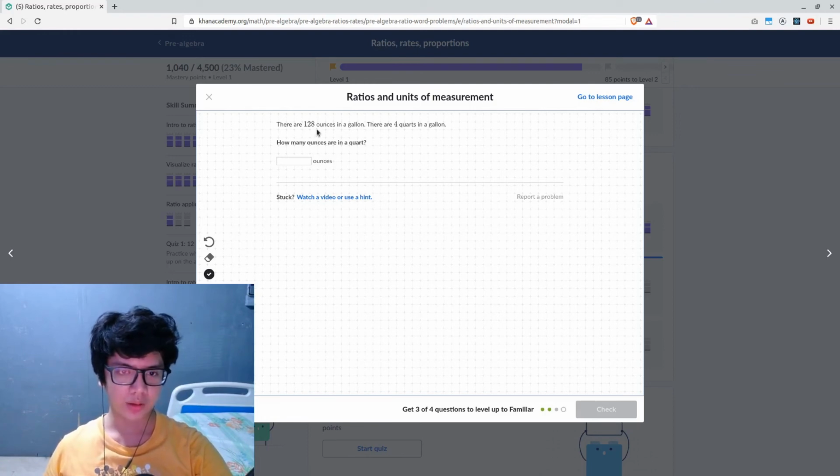There are 128 ounces in a gallon. There are 4 quarts in a gallon. How many ounces in a quart? Oh shoot, this is insane.